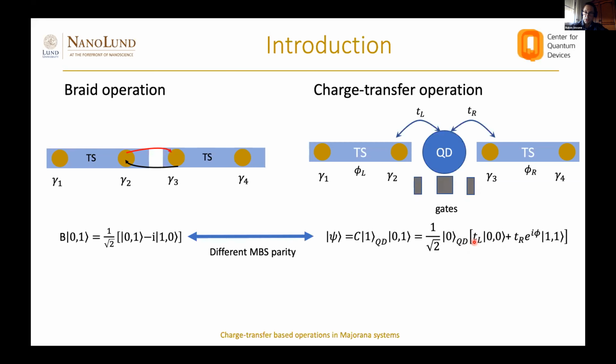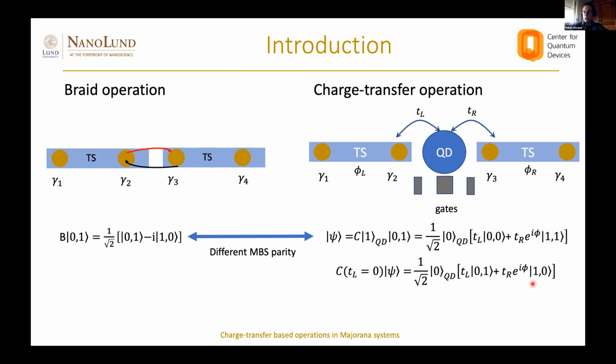So it means performing a second charge transfer-based operation, where now we disconnect one of the sides. And we get a result which resembles the braid result, but it is slightly more general because we can tune the values of TL, TR, and the phase between both. So this also means that this charge transfer-based operation is not protected by topology.